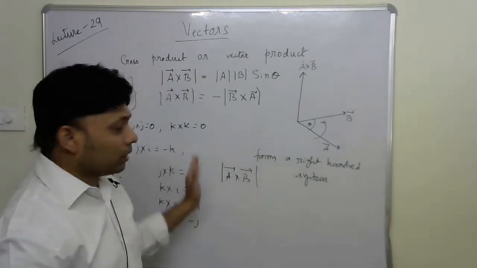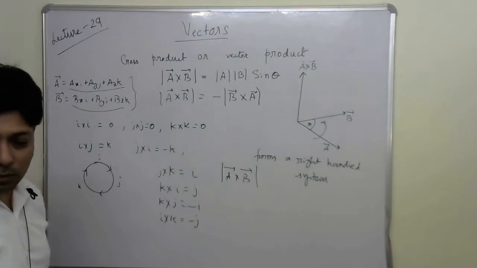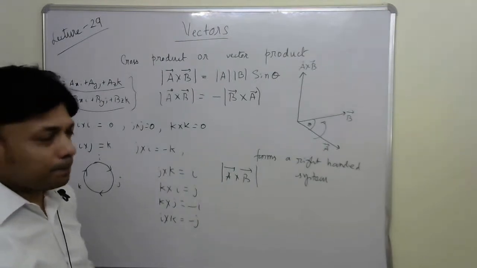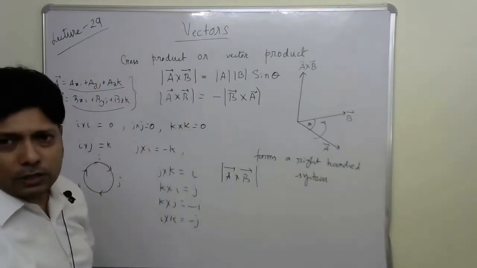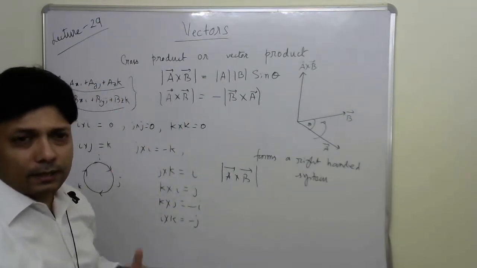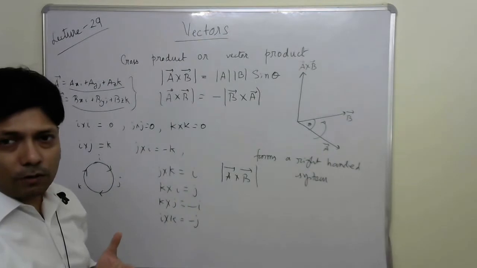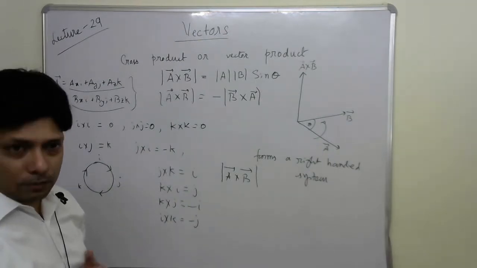So how can we do that? Let's clean the board and work it over freshly so that we can easily follow the cross product of A and B.